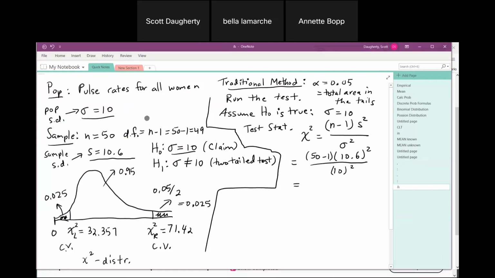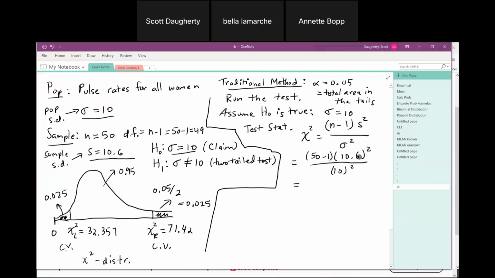Now, one thing I want you to notice here is that if you're drawing samples from this population where sigma is equal to 10, then you would expect the sample standard deviation to be somewhere close to 10. So if S were 10, it's close to 10, but what if it was exactly 10?